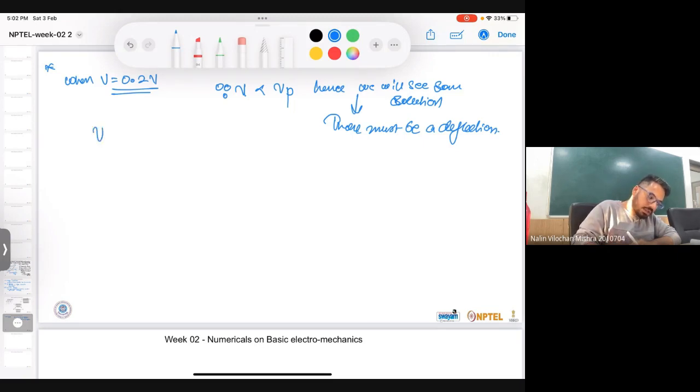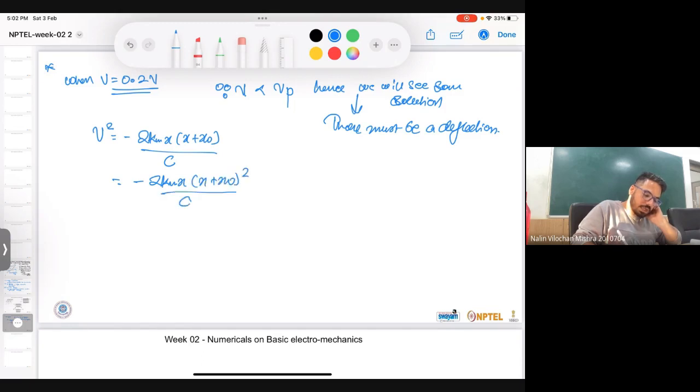So we have the general formula minus 2 kmx x plus x naught by c, or minus 2 kmx x plus x naught squared by epsilon a.